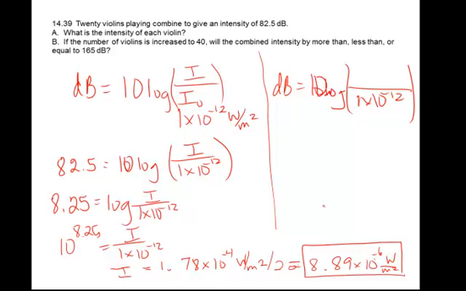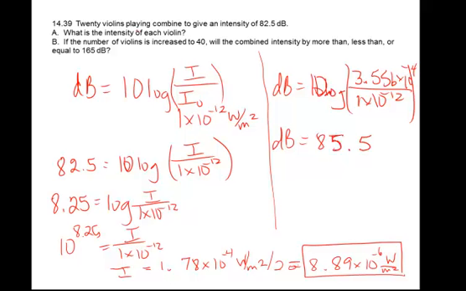I'm going to take that times 40, and I got 3.556 times 10 to the negative 4th. Divided by 1 times 10 to the negative 12th. And then I'm going to do the log of that answer, and then take it times 10. And I got 85.5.